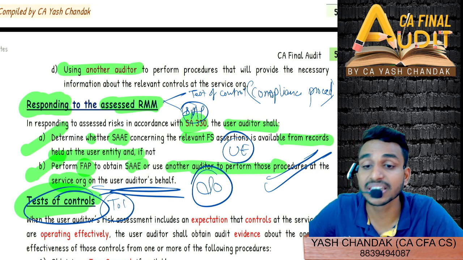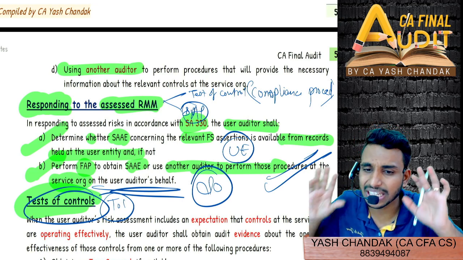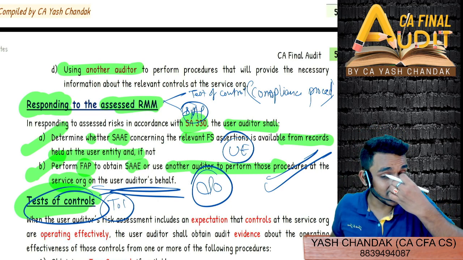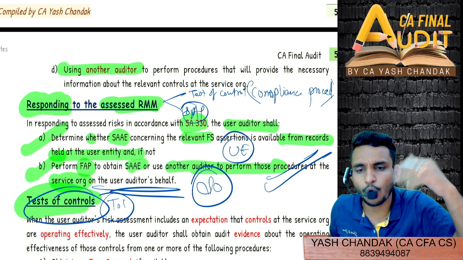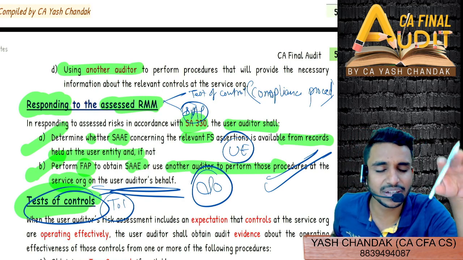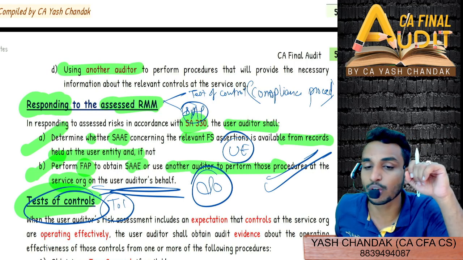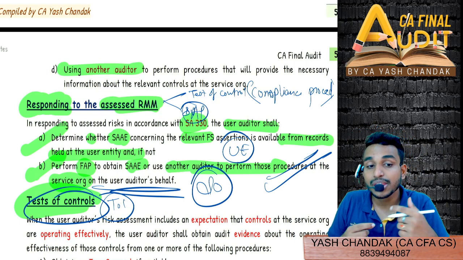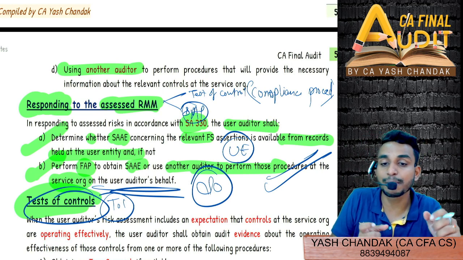We want to assess whether the controls are operating effectively or not. That is the only thing that we want to assess in TOC. So for that matter, it's a kind of mini audit. We will obtain all the information, all the documents, wherever the documentation should have been done or wherever the control applies. Based on sampling, we'll assess out of 10 samples how many the controls passed and how many failed.